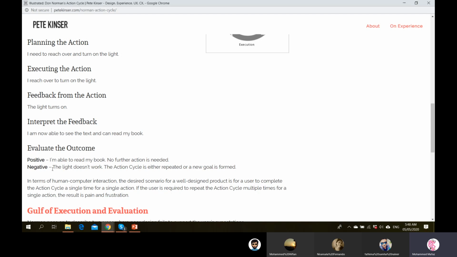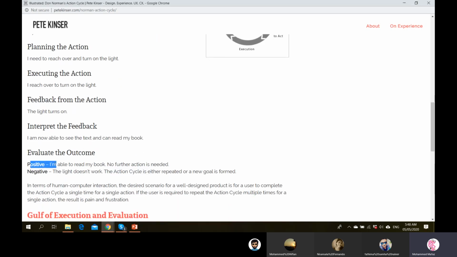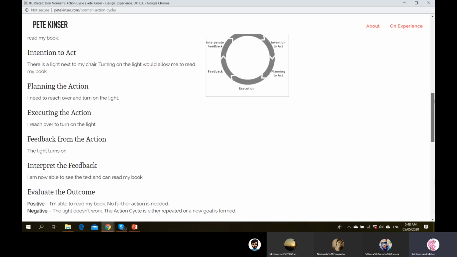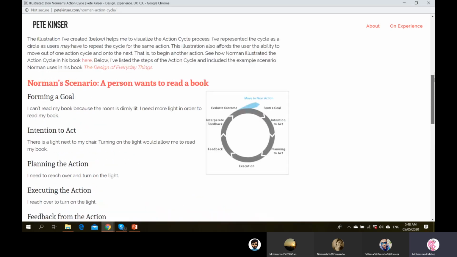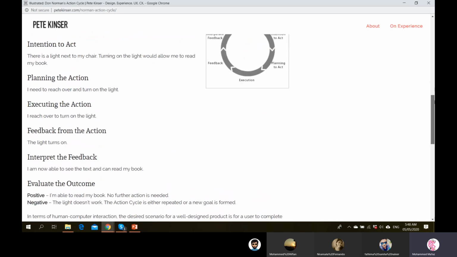In this case, positive would be, I am able to read my book, no further action needed. So this is the final stage, evaluation. Negative is the light doesn't work. So then you start the action cycle again and again until you get a positive feedback. Our objective is to always meet the goal, right? So that's one way of understanding that.